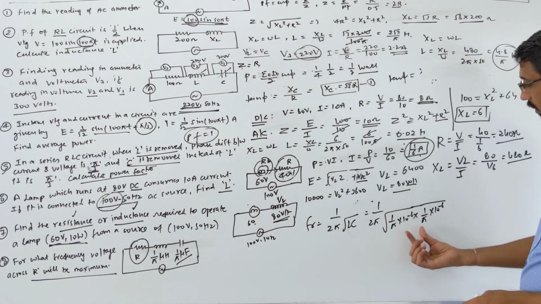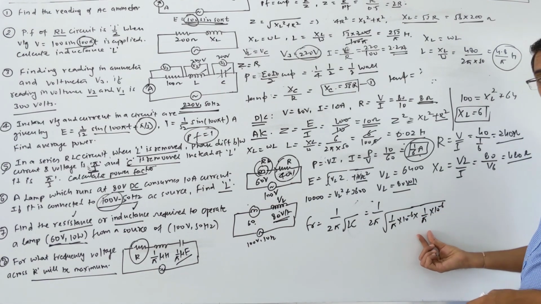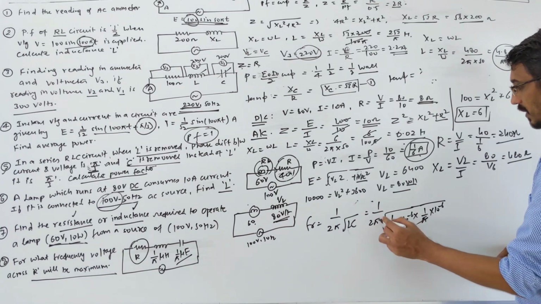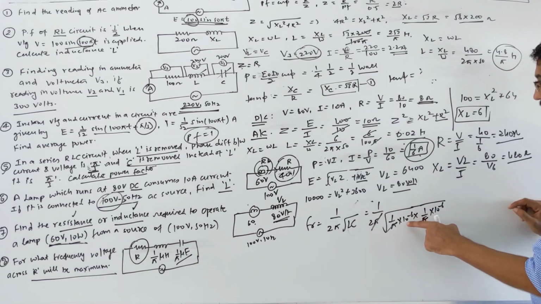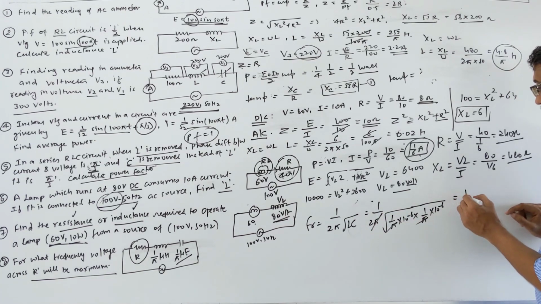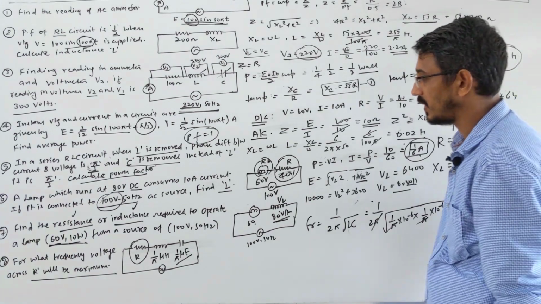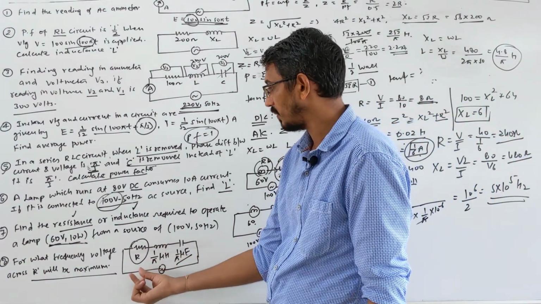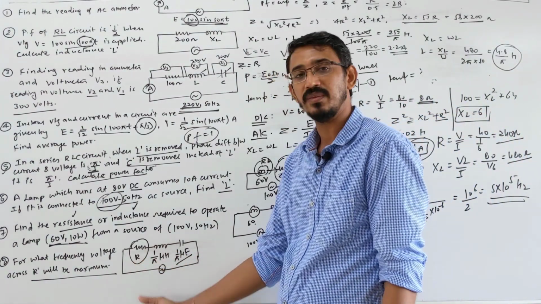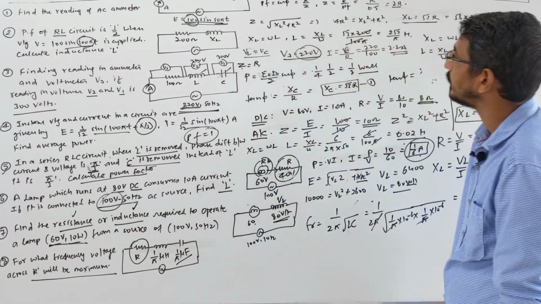So look here, 1/pi comes outside and gets cancelled with this pi. 10 power minus 6 comes out, goes up, 10 power plus 6 by 2. So you can write 5 into 10 power 5, correct. And this is in hertz. At that frequency the power, or you say current or voltage drop across this, will be maximum, right? Yes.